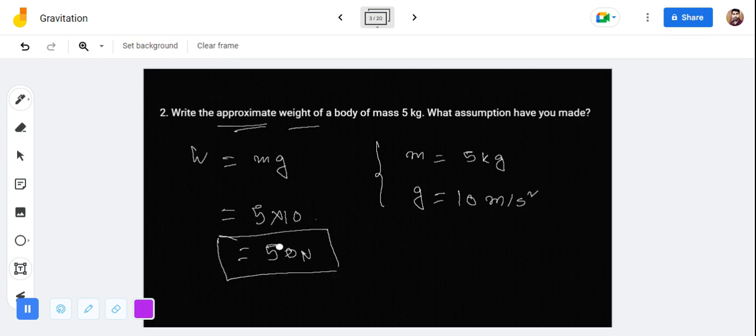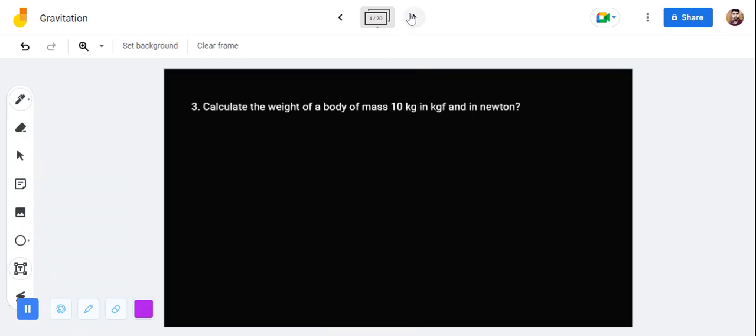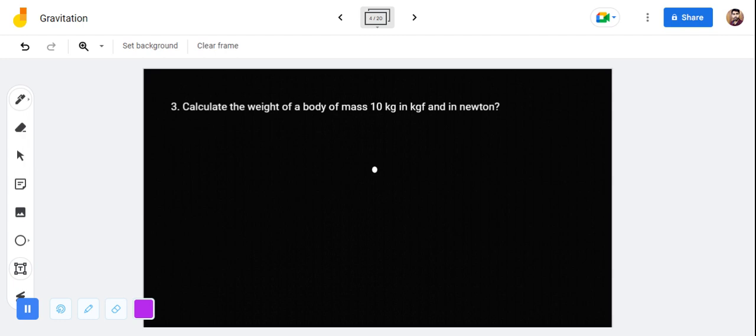Okay. Now do the next question. Calculate the weight of a body of mass 10 kg in kgf and in Newton. Now, the mass of the body is 10 kg. So the weight of the body in kgf unit will be 10 kgf, because kgf means kilogram force, that is kilogram into gravitational force.